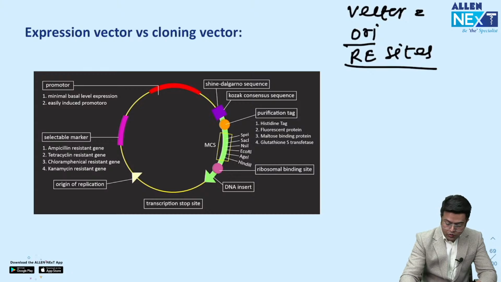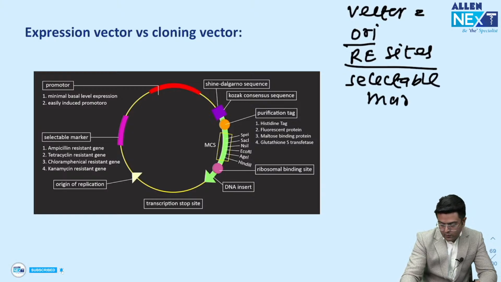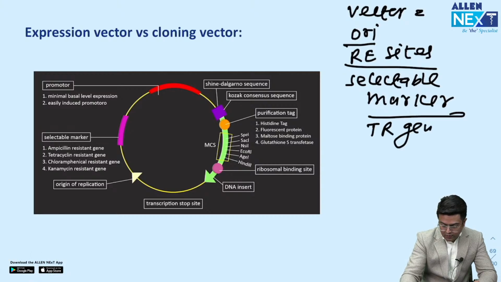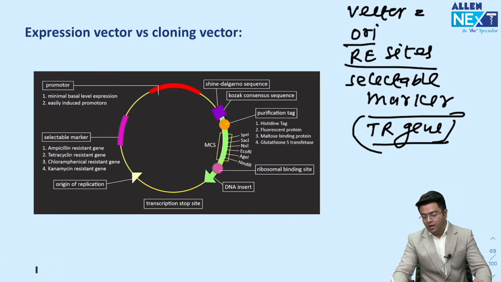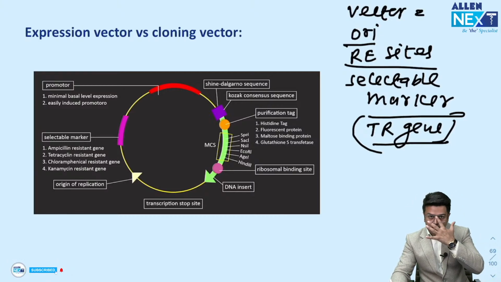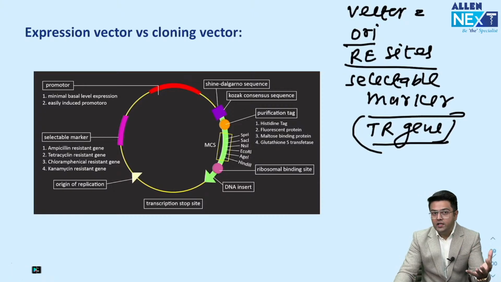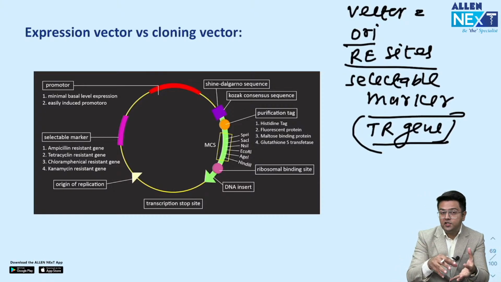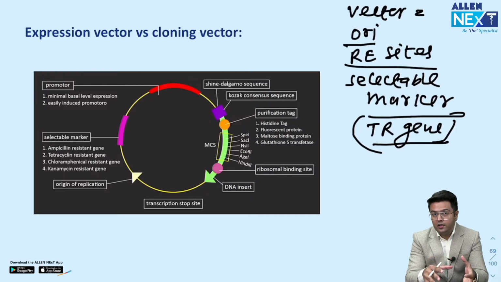Then a vector should have a selectable marker, for example, a tetracycline resistance gene or an ampicillin resistance gene. Why do you want that? So that you can select the colonies of bacteria which contain the plasmid which has the ampicillin or tetracycline resistance gene. Because it will grow in the medium which contains tetracycline, so you can identify that this is the bacteria which has this particular copy of plasmid.